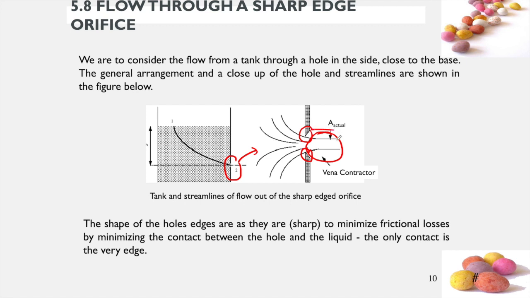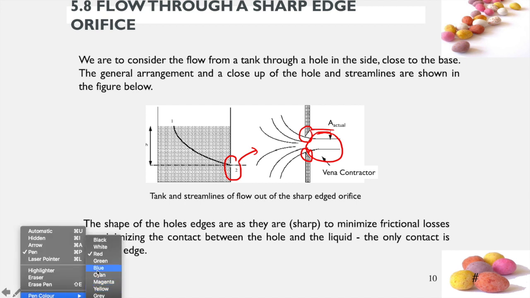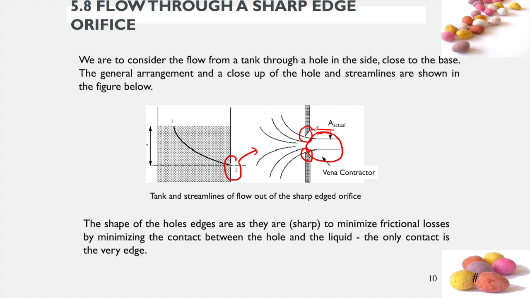So we have this area, the cross-sectional area, for example, and then we have another area here where the flow will move through it. So this is A actual, the actual area where the fluid will pass through, and not at this area.